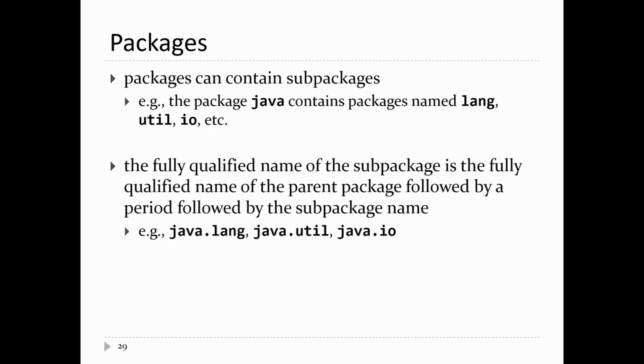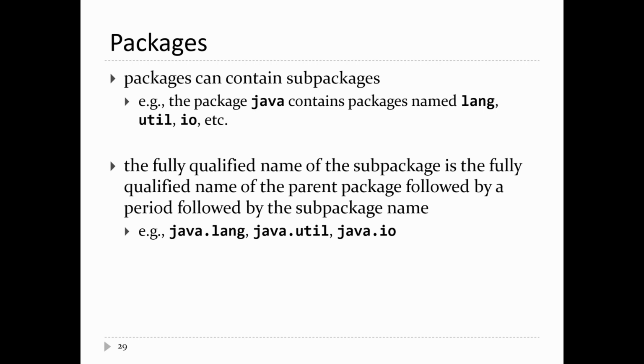Okay. So a package is allowed to contain other packages. The java package, for example, contains packages named lang and util and io and things like that. Lang is the package where the classes that are considered absolutely fundamental to the language go. So String is in there, Math is in there, and a few other classes.